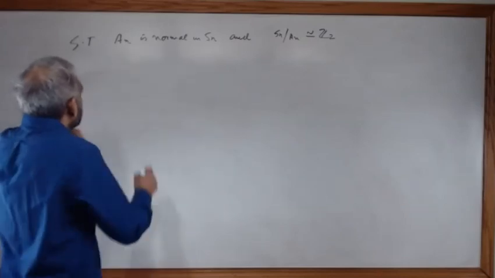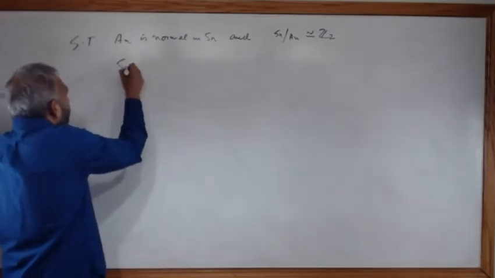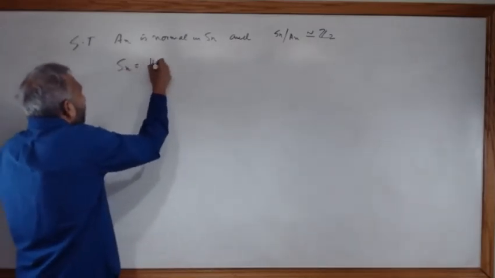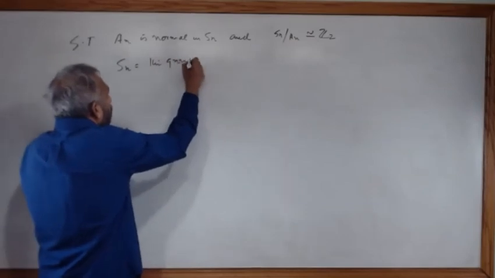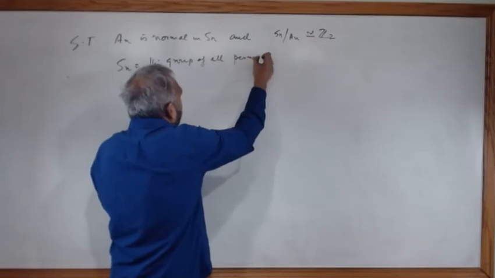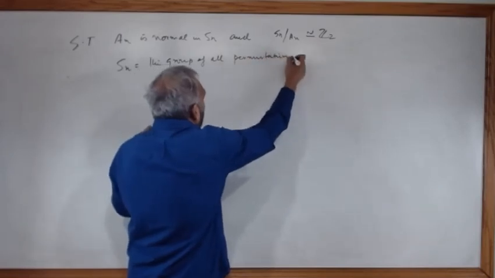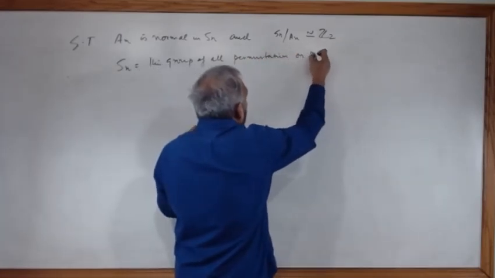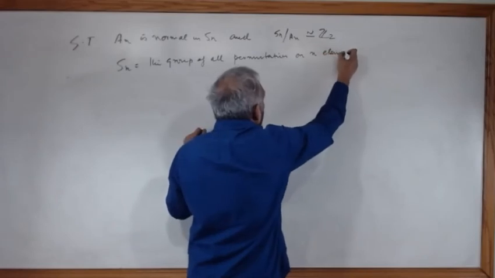First of all, let us start with Sn, the group of all permutations on n elements.